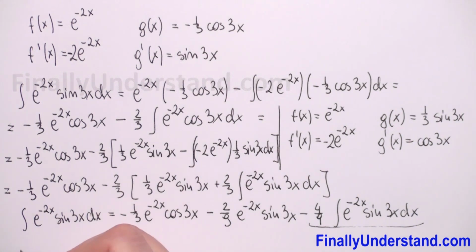So at the beginning we copy the integral of e to the power negative 2x sine 3x dx, and we have negative, so we have to change it to positive.